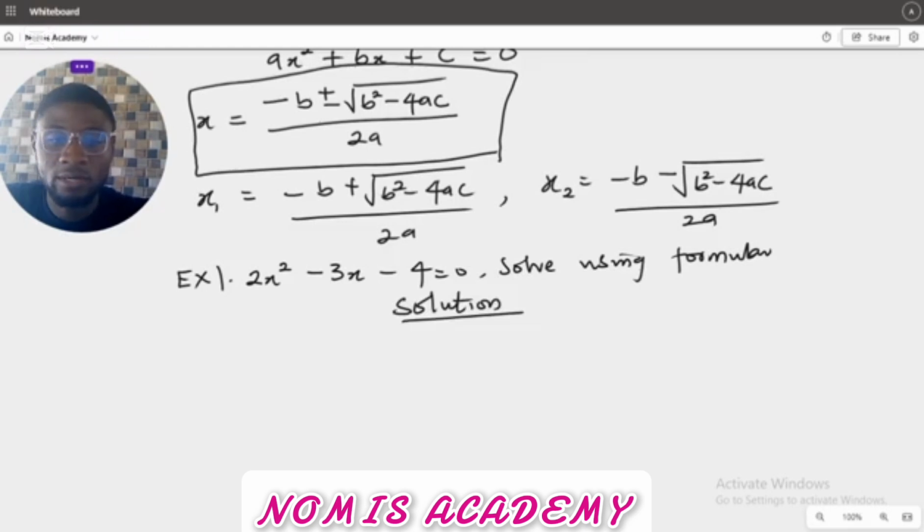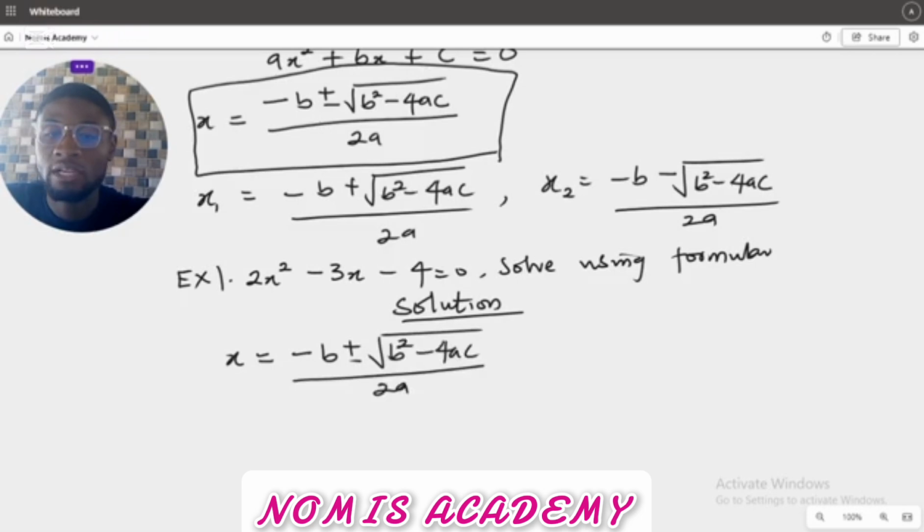I should be able to tell that x is equal to minus b plus or minus the square root of b squared minus 4ac all over 2a. Then begin to give the parameters given, where a is equal to, now what's our a? From the equation given, we see that our a is 2.